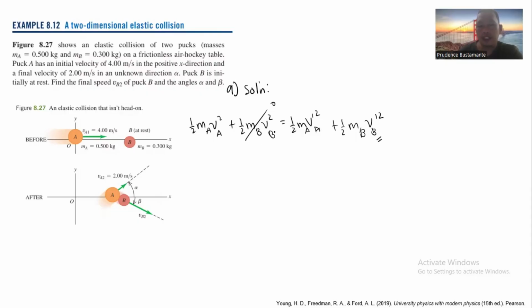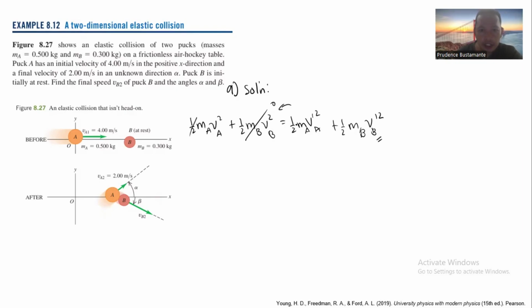This equation comes from the characteristic of an elastic collision that the initial kinetic energy of the system is equal to the final kinetic energy of the system. We use prime for the final values. In your book, we use 1 and 2. Since this is our target variable, we can rearrange the equation.